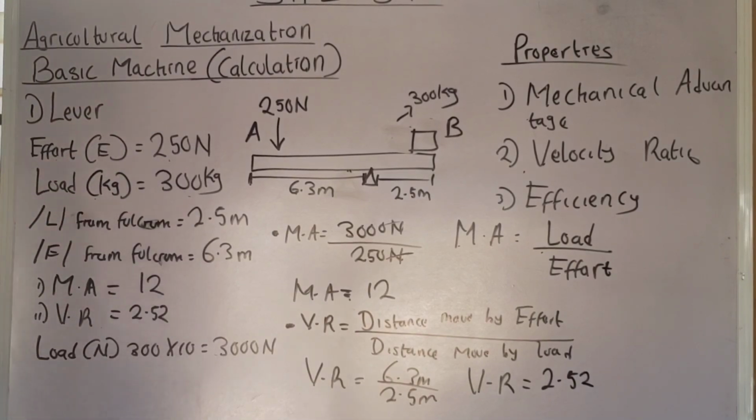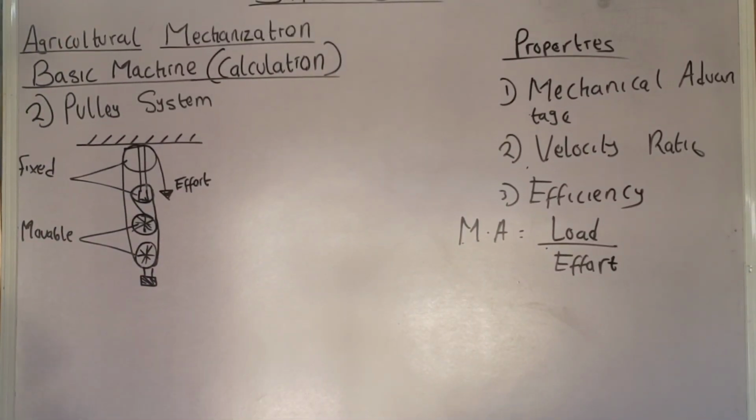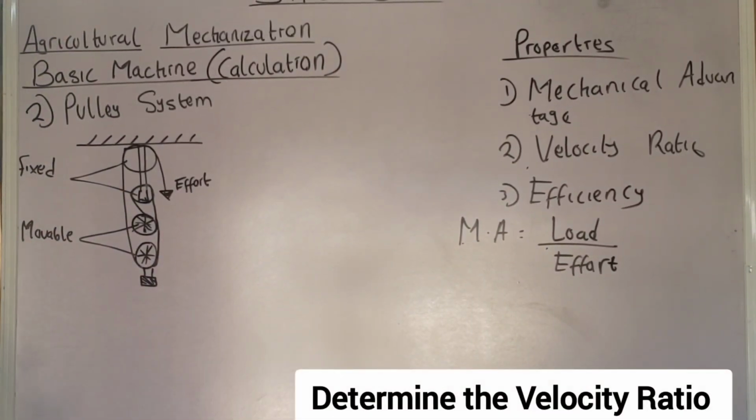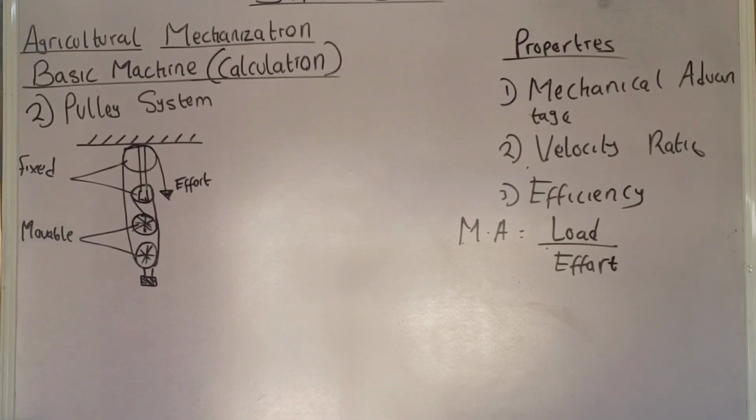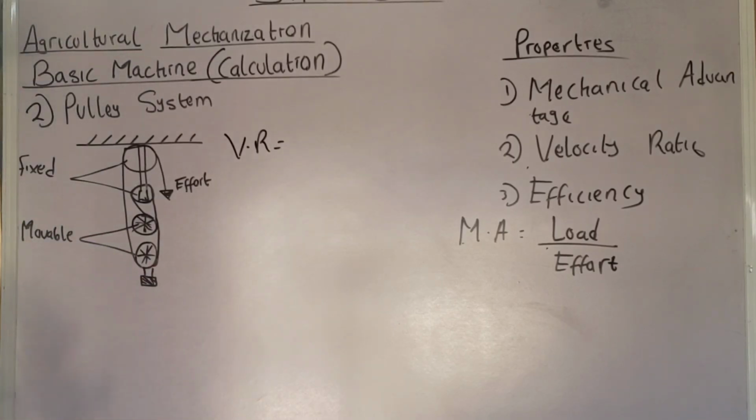Now let's proceed to the second basic machine, which is the pulley system. We are asked to determine the velocity ratio. The velocity ratio of a pulley system is the number of pulleys that the pulley system contains. We have 4 pulleys. 2 of these 4 pulleys are fixed pulleys and the other 2 are movable pulleys.